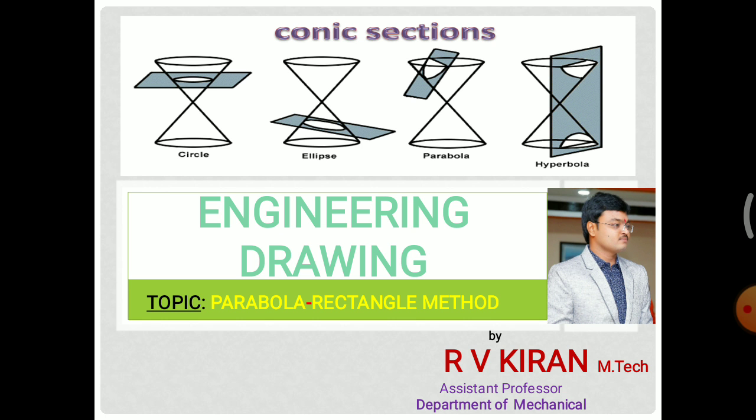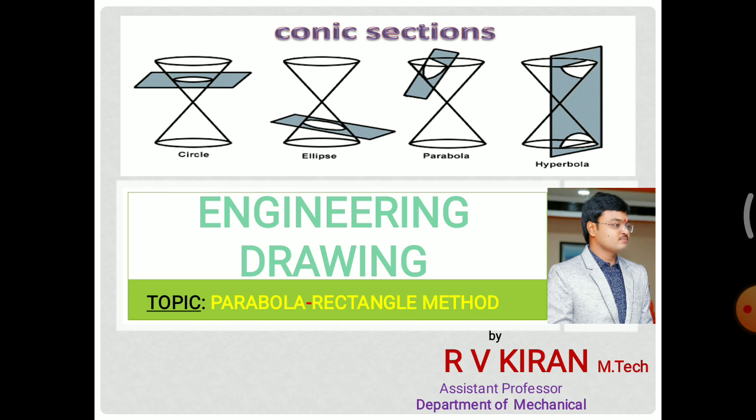In this video lecture, I am going to discuss the topic of parabola and its construction method, the rectangle method, in engineering drawing. There are different types of curves in conic sections: ellipse, parabola, and hyperbola.